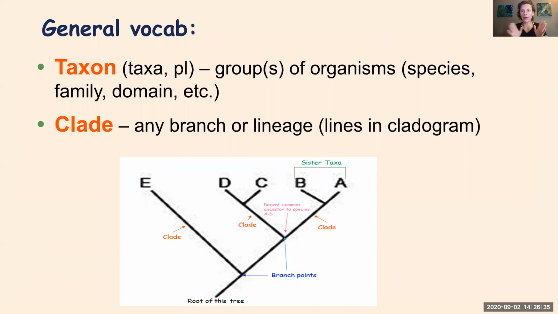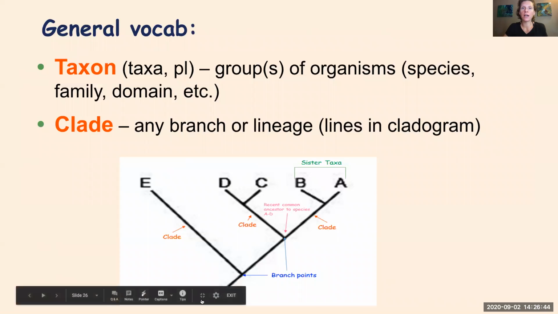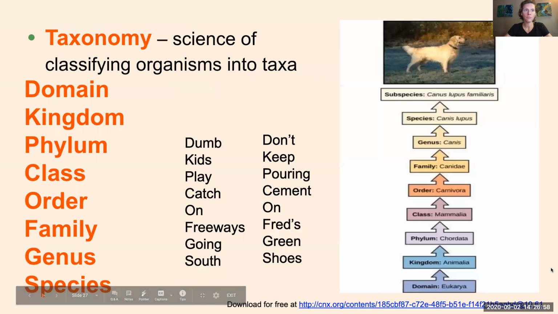A clade is a branch or lineage, so you're talking about an evolutionarily related group, and again, that's a general term. So the root of the tree is on the bottom here, and then you have branch points. At each branch point, you have what you can refer to as a clade. The branch point is going to be a common ancestor for everything that's distal to that on that tree, or further out from that.